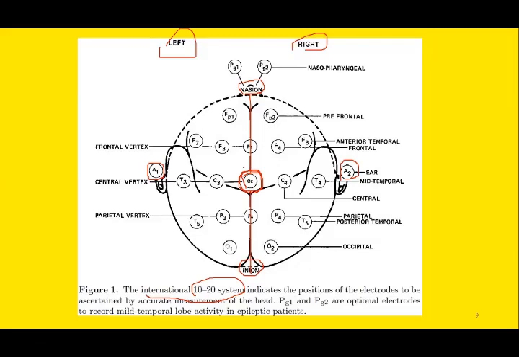Now you can see different letters on either side of this sagittal plane. The F electrodes are the frontal electrodes, the T electrodes are the temporal electrodes, P for parietal, and O for occipital. Another thing to consider is that you have placed the even number electrodes on one side and the odd on the other.